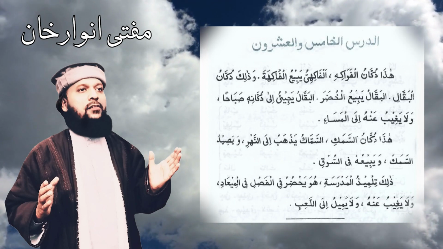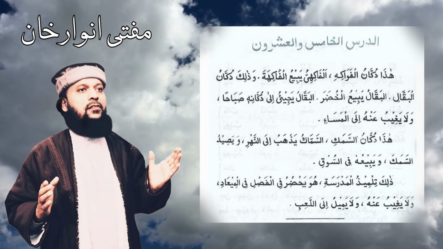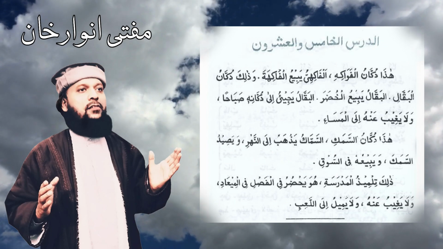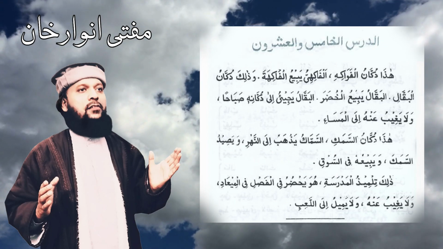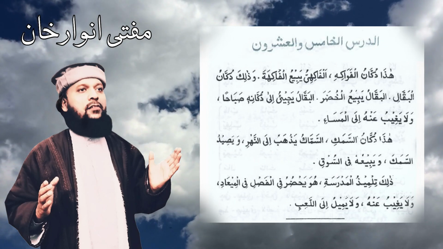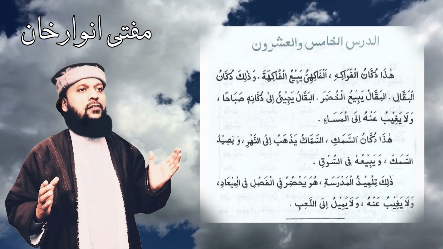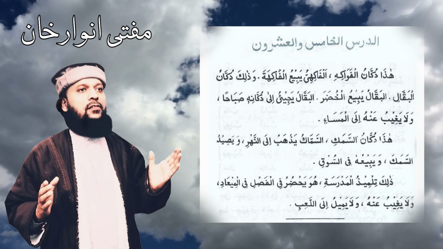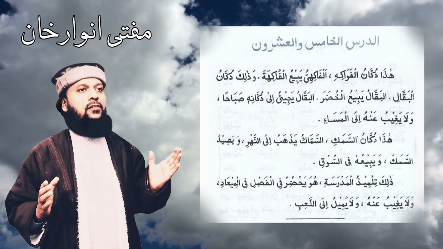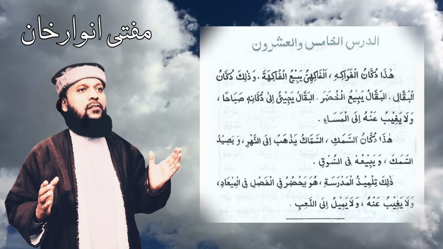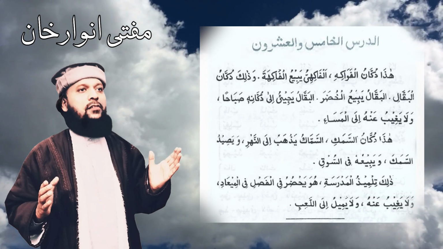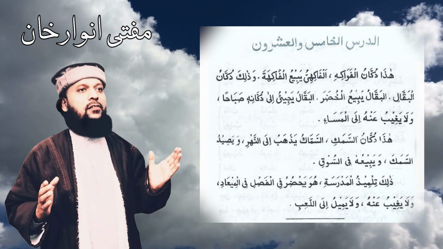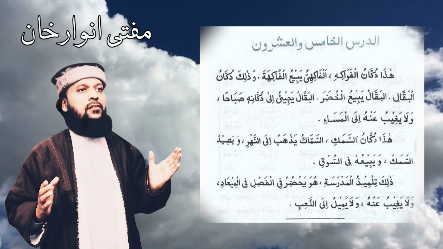And since this is in the middle, the second letter that has ya, it will be called al-ajwaf. This is mu'tallul ain, and mu'tallul ain is technically known as al-ajwaf. This verb belongs to the al-ajwaf category of mu'tal verbs, weak verbs.